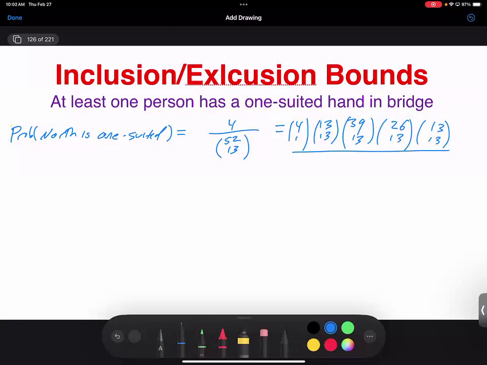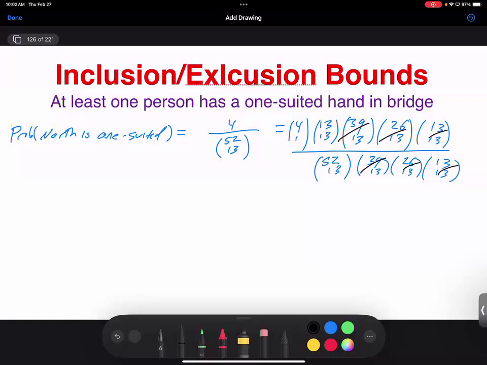So that would just be 52 choose 13, 39 choose 13, 26 choose 13, 13 choose 13. And you can see when I write it like this, there's going to be tremendous cancellation. And these expressions will be equal. That's the probability that north is one suited.